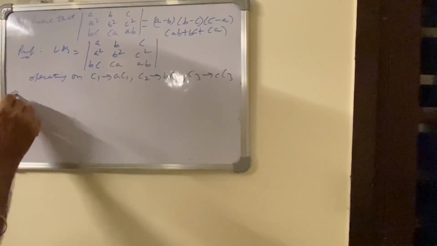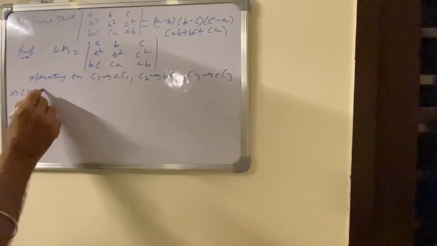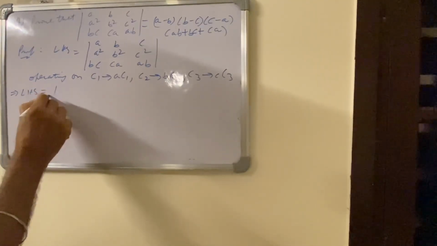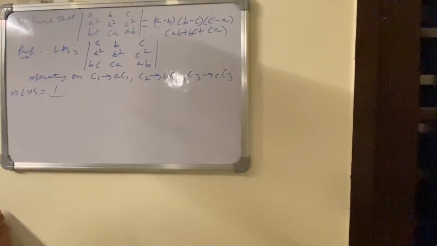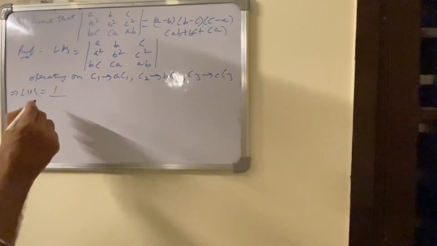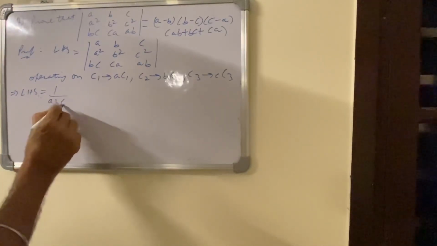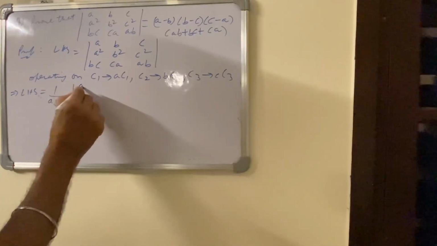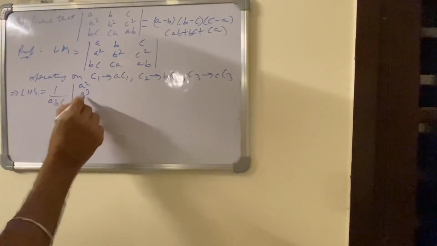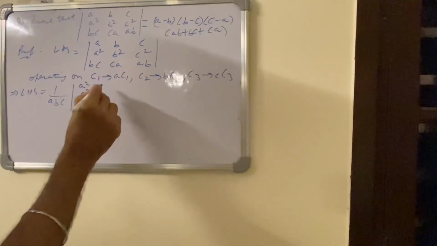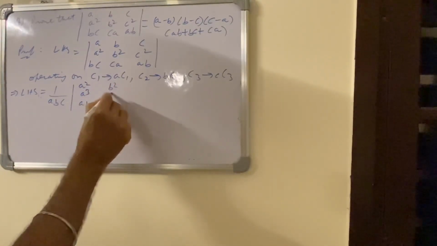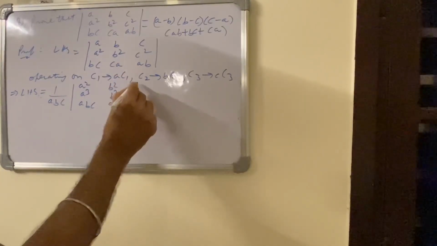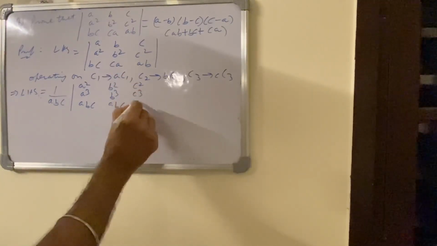So left hand side becomes, because we are multiplying these three columns by a, b, c, we have to divide at the same time. First column becomes a square, a cube, abc. Second becomes b square, b cube, abc. Third becomes c square, c cube, abc.